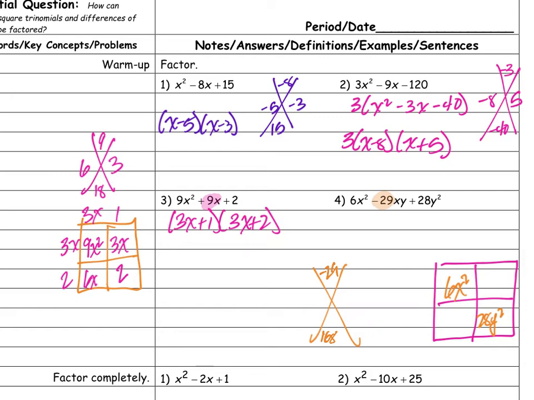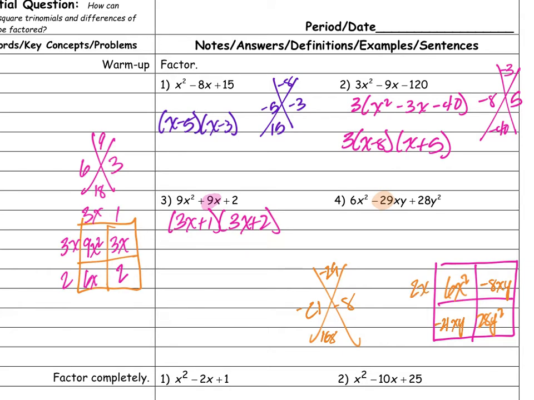And what I found was -21 and -8xy. So I put them in my box and then I factor. Doesn't matter if I do rows or columns first. So I've got, let's see, this would be 2x.